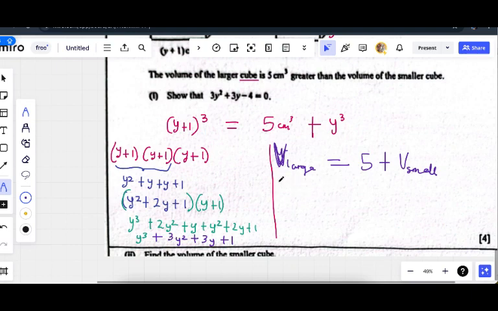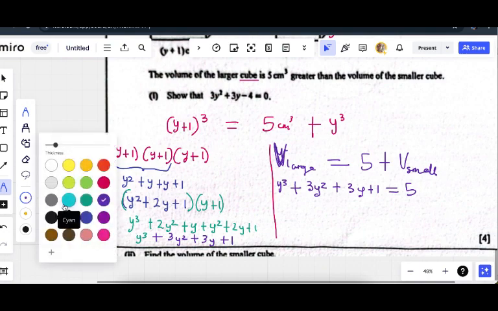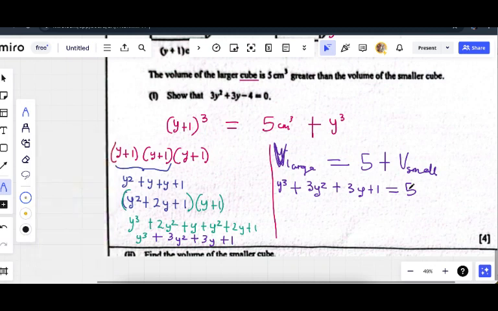We've expanded it. We got y to the power of 3 plus 3y squared plus 3y plus 1 is equal to, now we equate it to this 5 on the right, plus what's the volume of the small one?